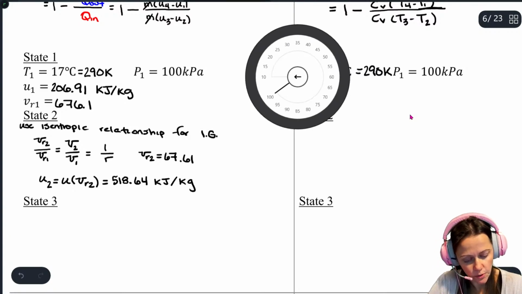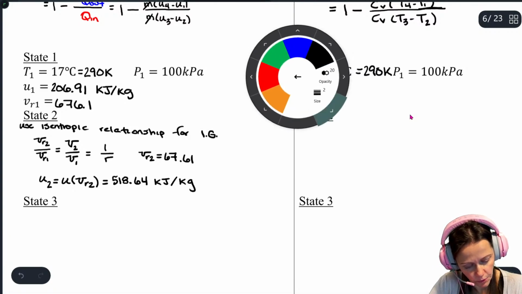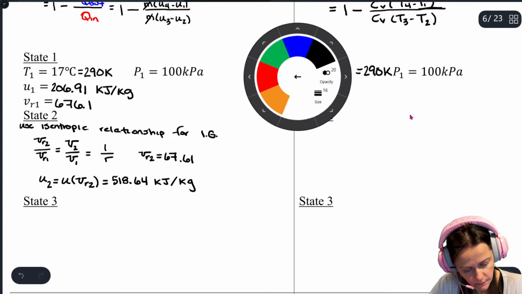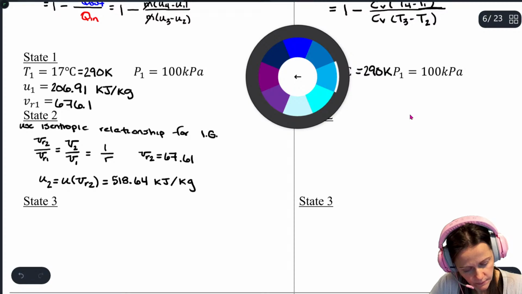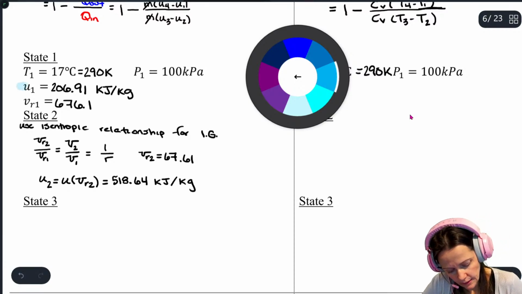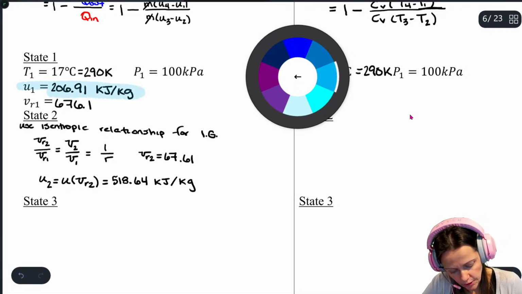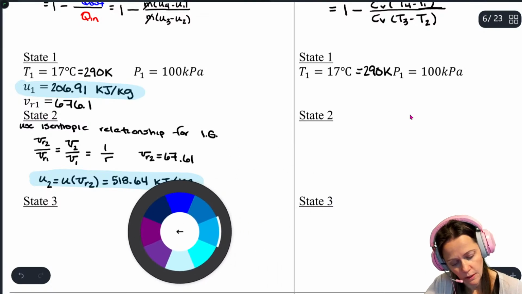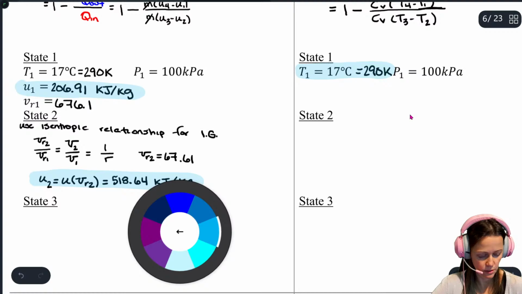So what I'm going to do here is highlight the stuff that I need for that governing equation. So there's my U1, there's my U2. Really the only thing I needed on the right hand side is the temperature.